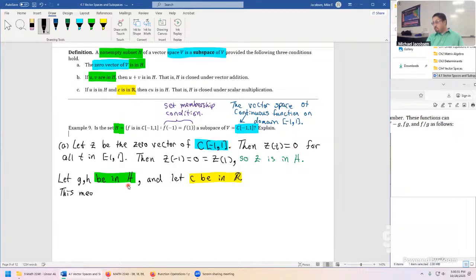This means G at -1 is equal to G at +1. That's just the set membership condition for the function G that we pulled out of the set H. And H of -1 is equal to H of +1.